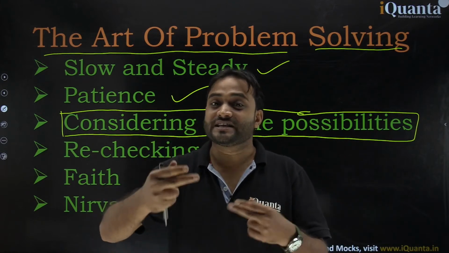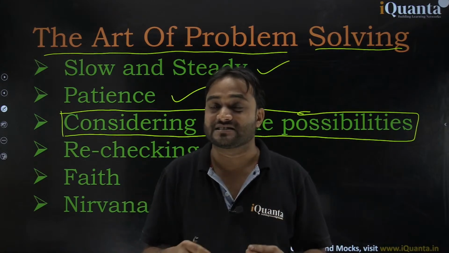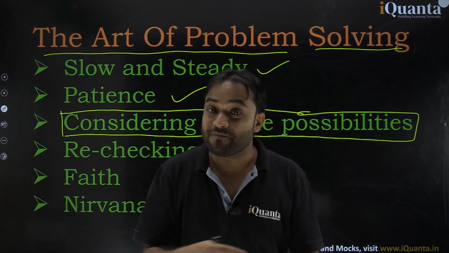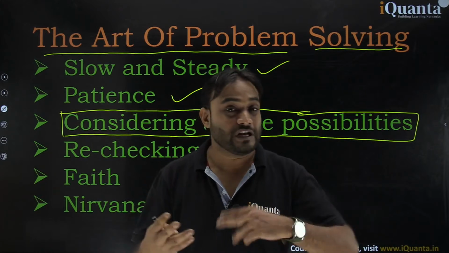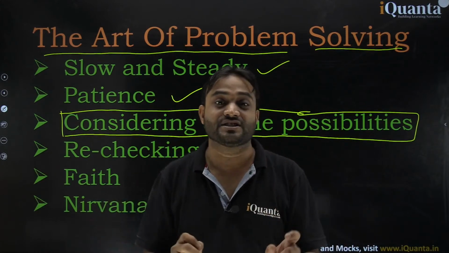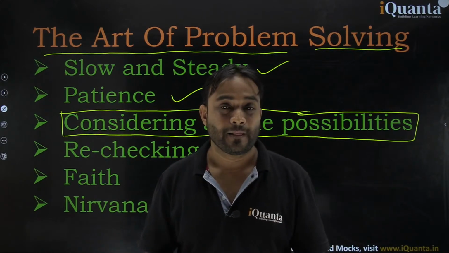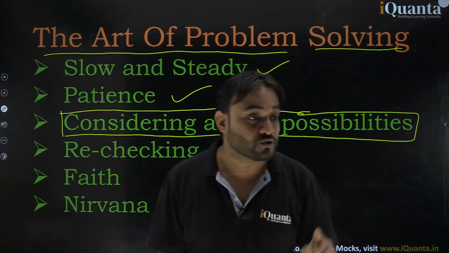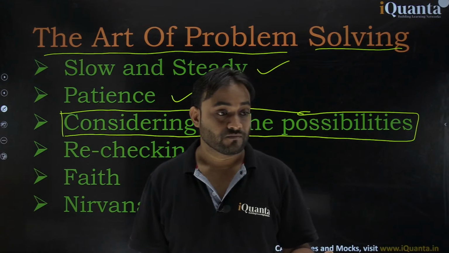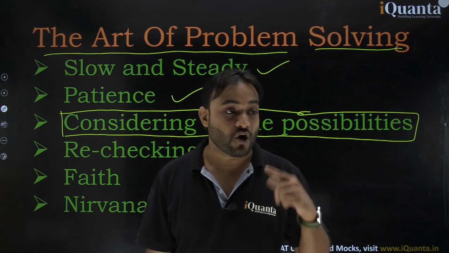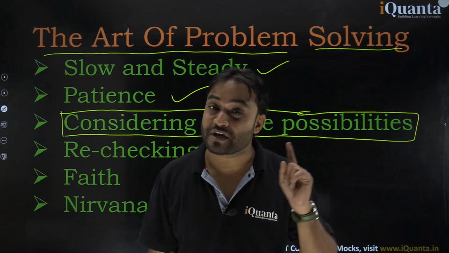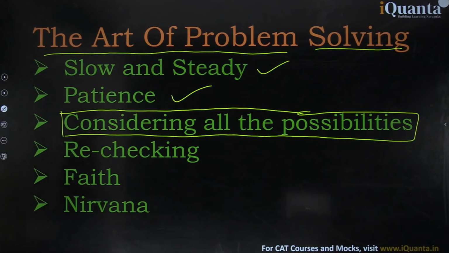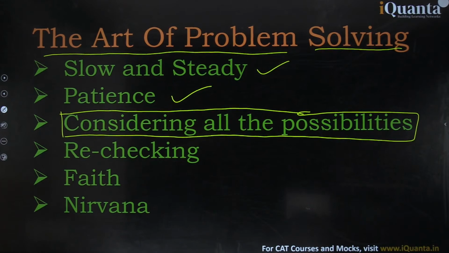If there are 3 cases, 4 cases, 5 cases, 6 cases, try to write them down. Then maybe from the next information you will be able to reduce those cases to 1 or 2 cases. But most of the time, if we are not able to solve a question, it's because we try to avoid taking cases.